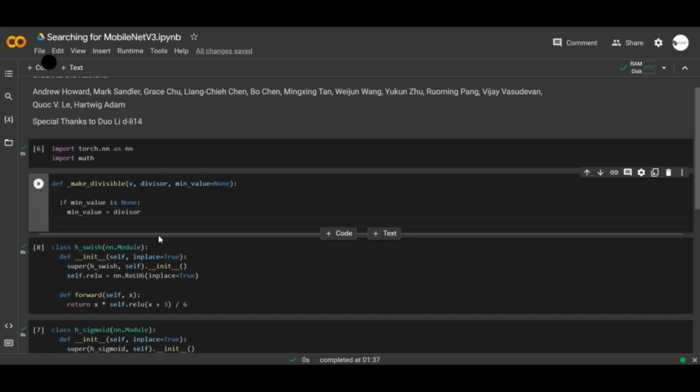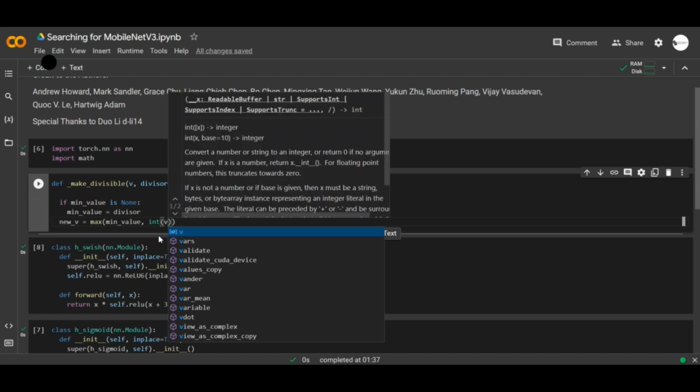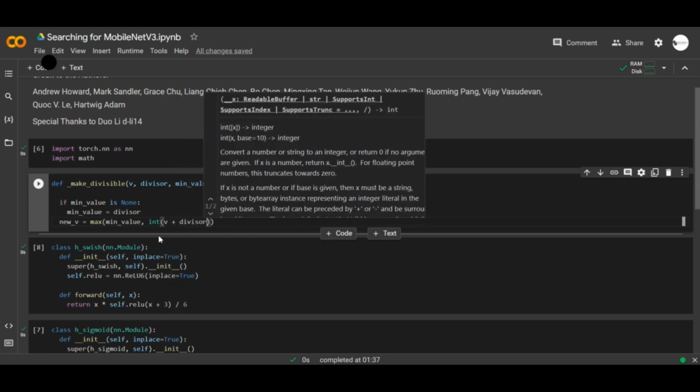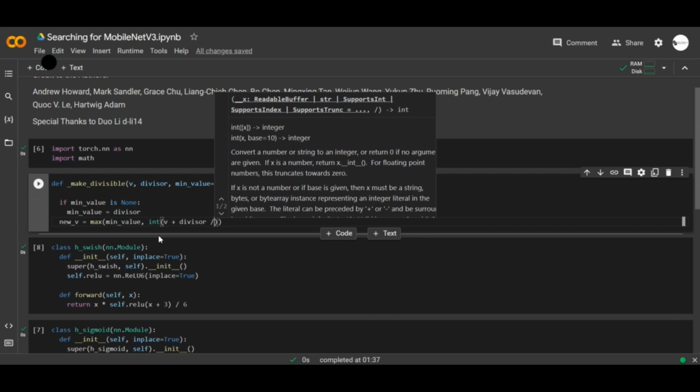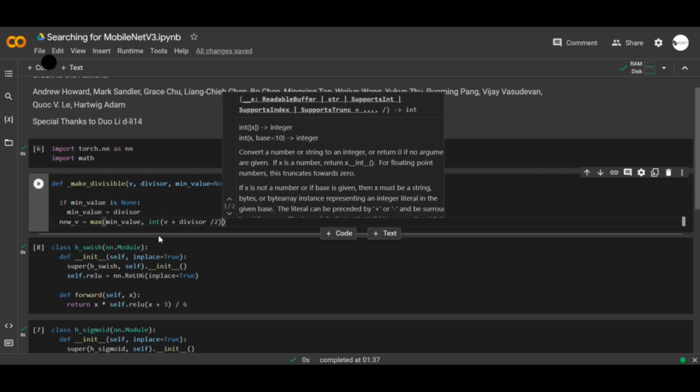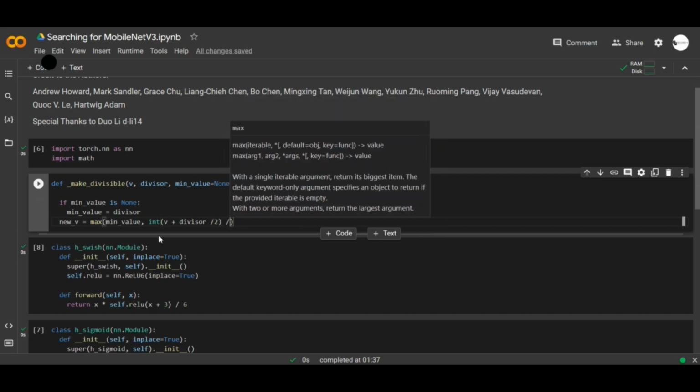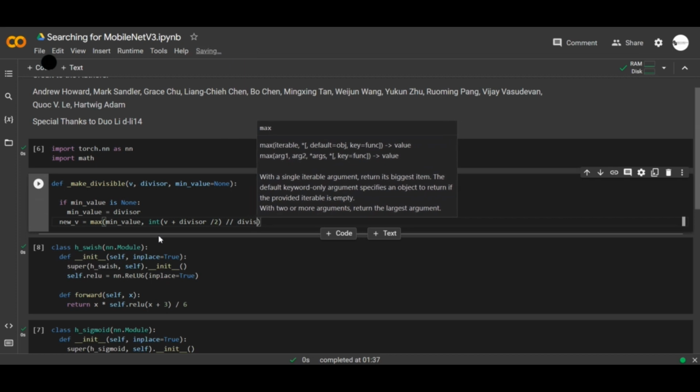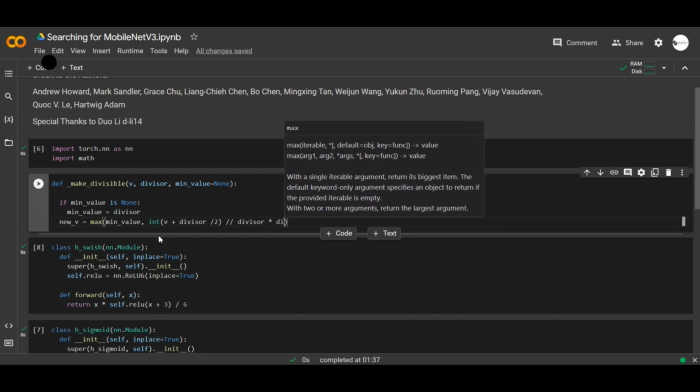Then new value is gonna be the max of min value and int of v, the given value, plus the divisor divided by 2, then integer division by divisor, then multiply this by divisor.